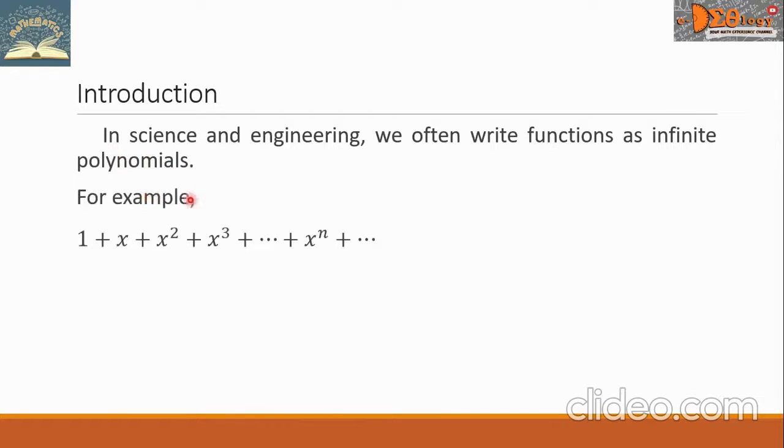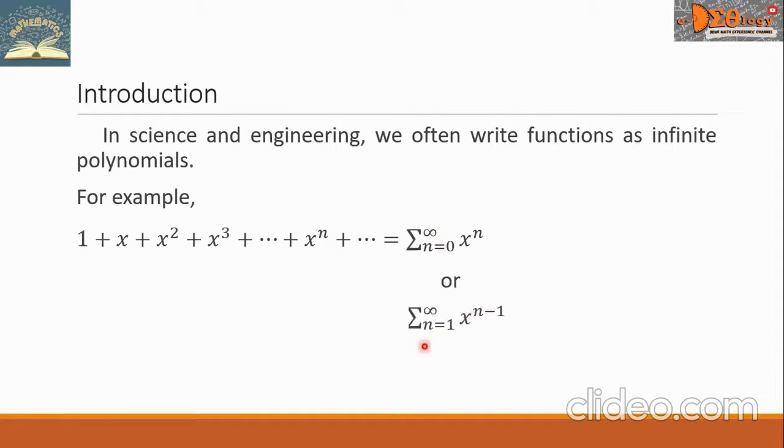For example, we have 1 plus x plus x squared plus x cubed plus up to x raised to n, and so on. We can write this in sigma notation like summation from n equals 0 up to infinity of x raised to n.